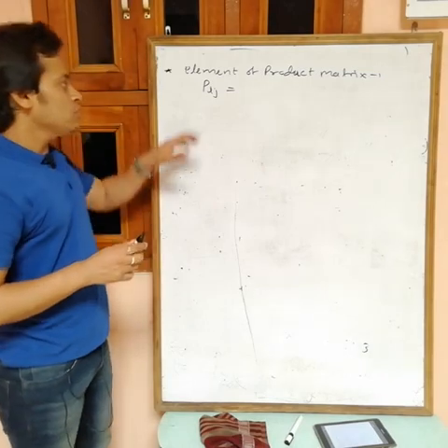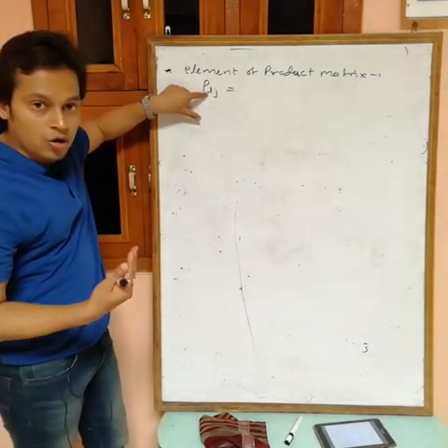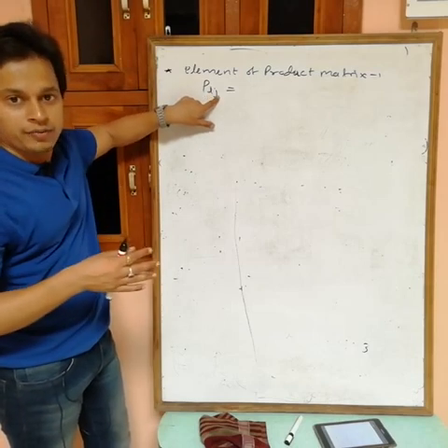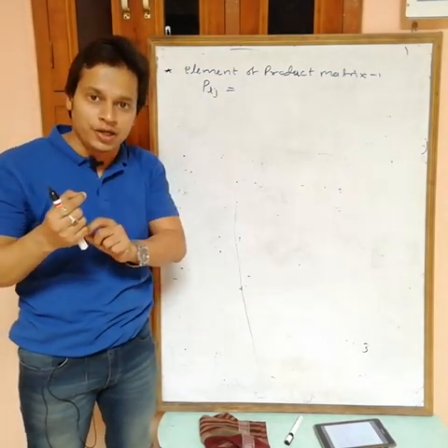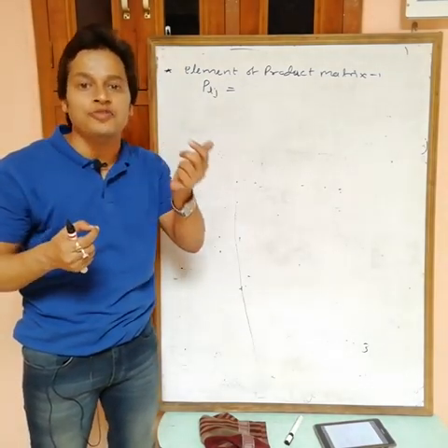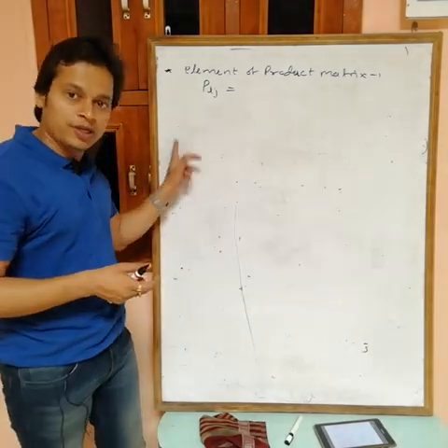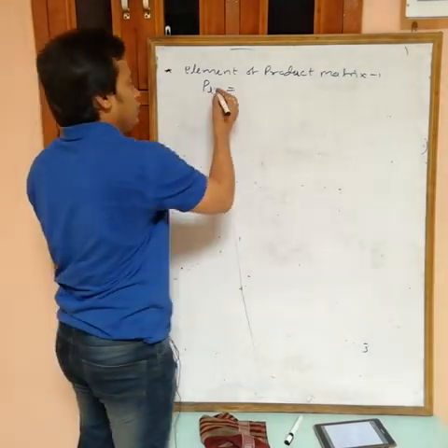To get Pij, you have to multiply the ith row of the first matrix with the jth column of the second matrix. Multiply a row from the first matrix with a column from the second matrix. See, how to get Pij?